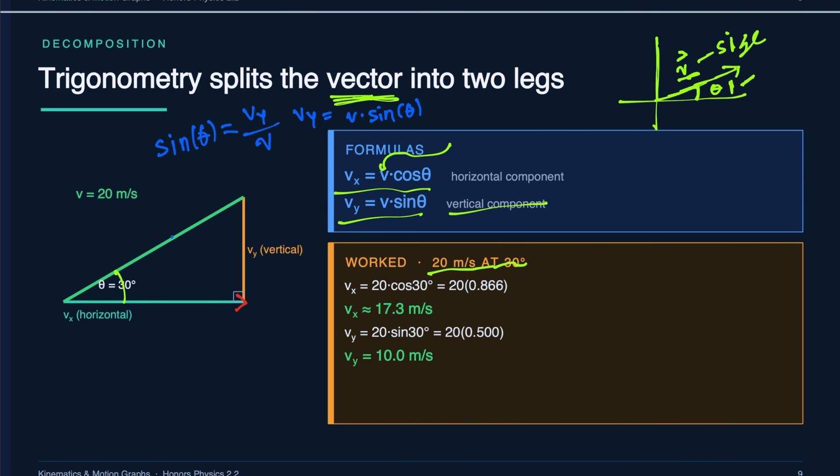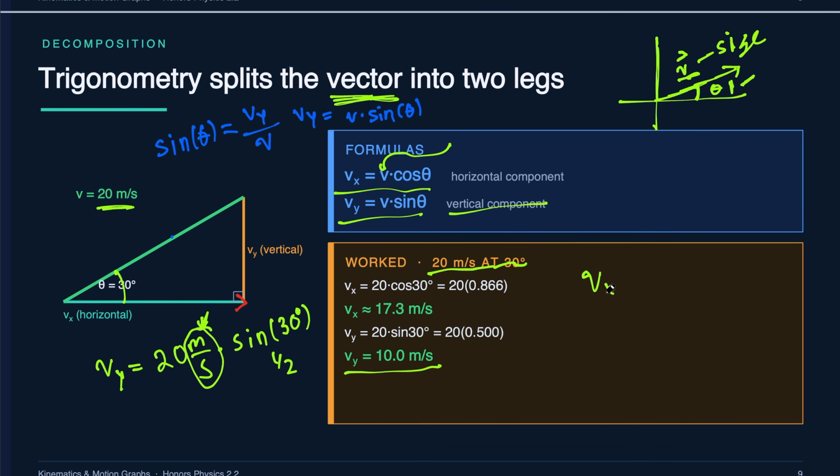Well, we know Vy is equal to V times sine of theta, right? So Vy is going to be equal to 20 meters per second, because that's V, times sine of 30 degrees. Pretty straightforward, right? Sine of 30 is 1/2, so it's going to end up being 10 meters per second. Always remember units, okay? Always remember them.